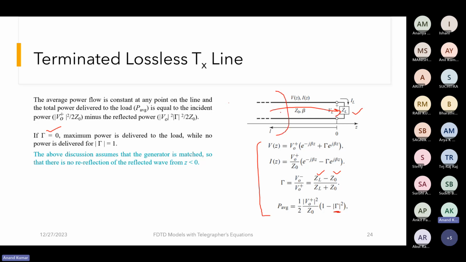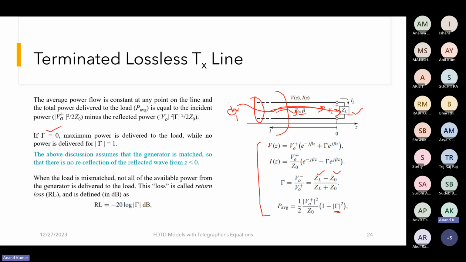So we are seeing that a wave is incident, so we must have a source over here, and we have to make sure that all the power incident from the source travels to the load. So there is no reflection happening over here. And if there is no reflection over here and we have Z naught equal to ZL, all the power will be delivered to the load.